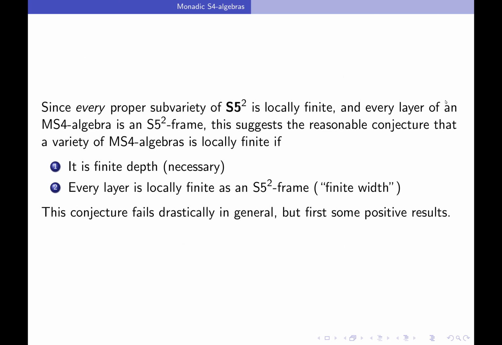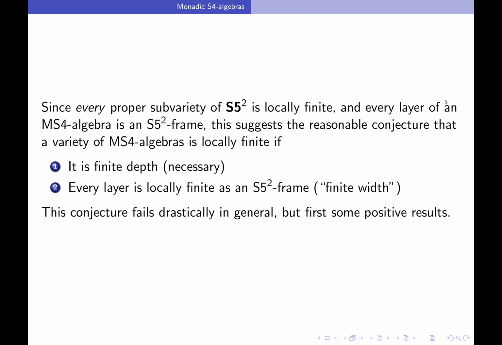It's a fact that every proper subvariety of S5 squared is locally finite, which is really nice. So S5 squared is literally the only non-locally finite S5 squared variety. And when you have these MS4 algebras, if you look at any layer of the relation R and you restrict the equivalence relation to that layer, then you get on that layer two equivalence relations.